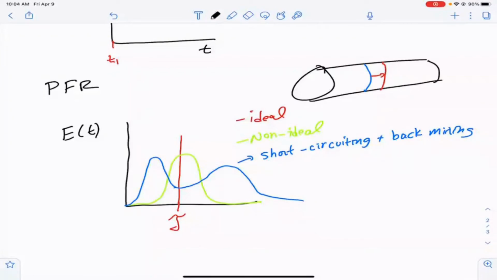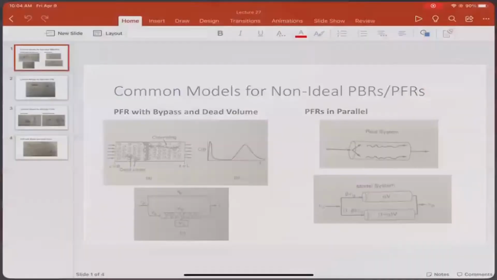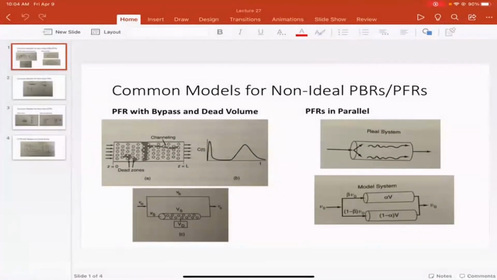But one way to do this is to actually look at reactors as either combinations of ideal reactors, or to start looking at other ways to incorporate things like short circuiting and dead volume into our models or into our understanding for how our system is behaving.